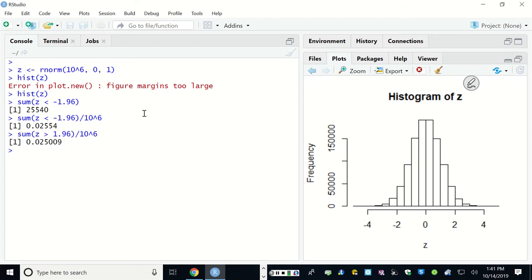Well, again, about 2.5%. But theoretically, the probability that a standard normal, which is calculated with this thing called pnorm, is less than negative 1.96 is about 2.5%. The chance that it's bigger, you can do 1 minus the probability. That one's also about 2.5%. So under just a random normal, it should be about 2.5%.